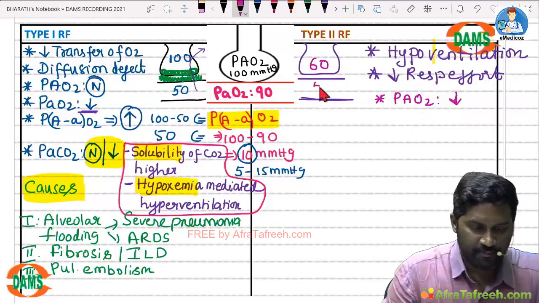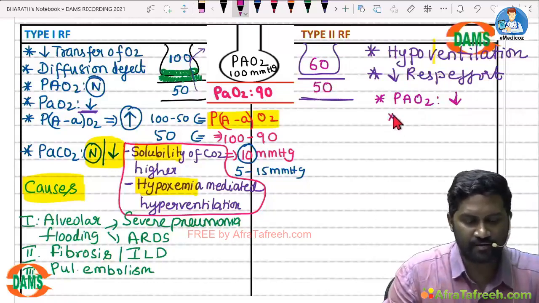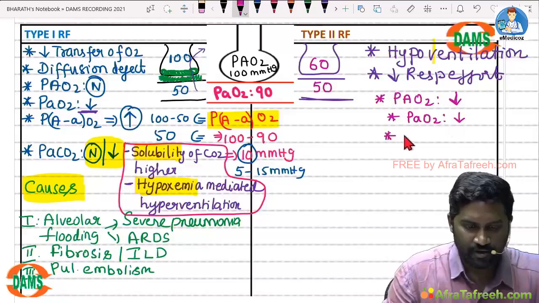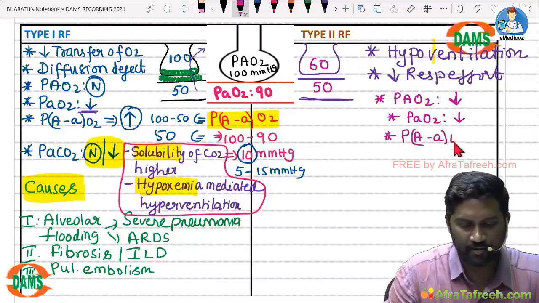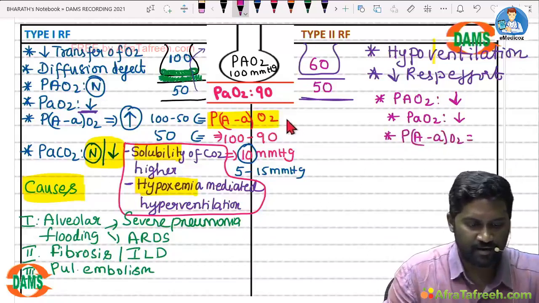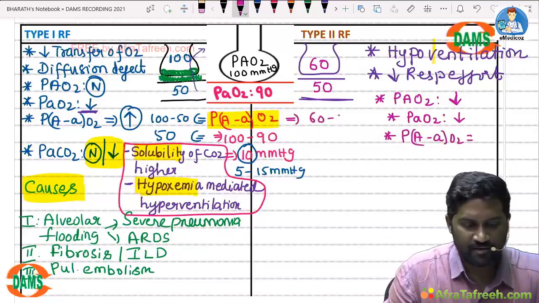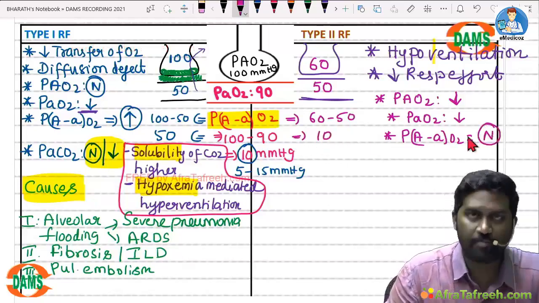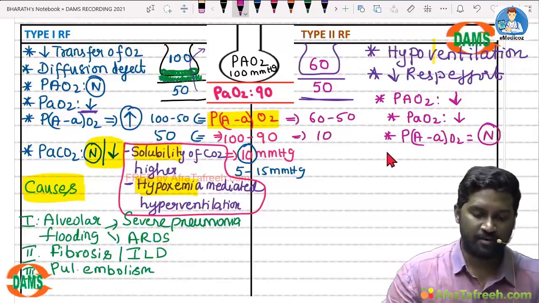When the membrane is healthy, a constant fraction can go into the circulation. PaO2, small a, will also be reduced. Then what happens to the gradient, P capital A minus small a O2? Here the gradient is 60 minus 50, it will be 10. So the gradient can be normal.